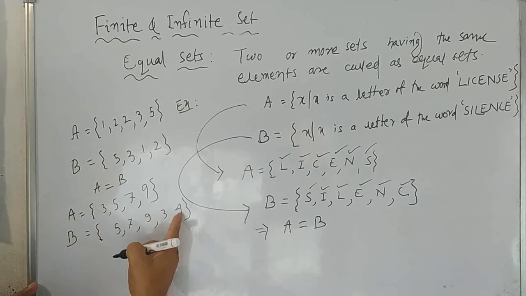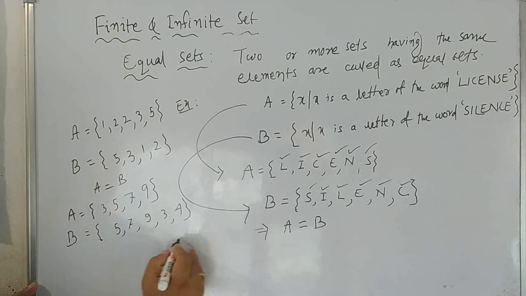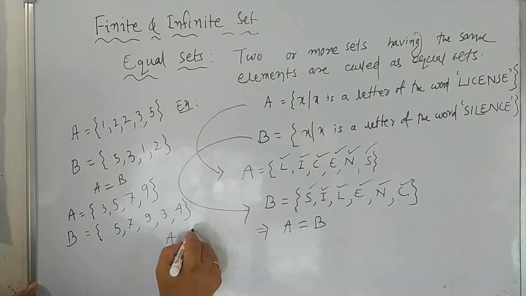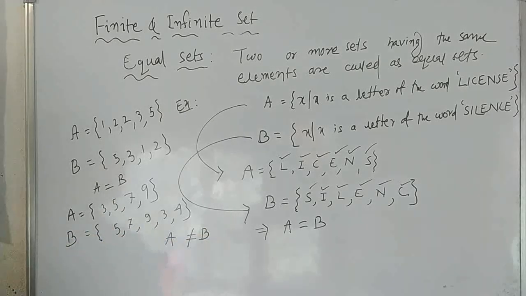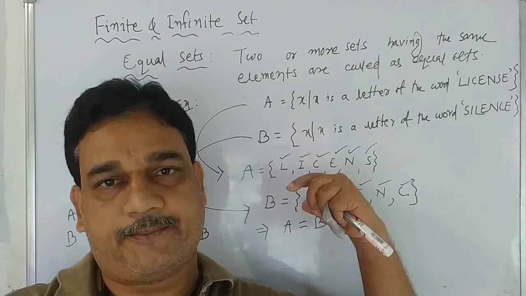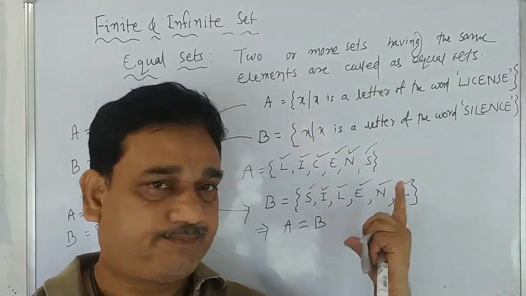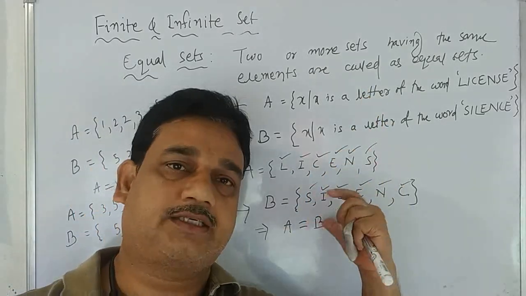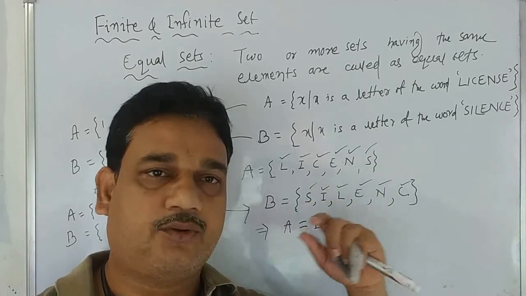Here 4 is an extra element which is not there in A. In this case, you will write A not equal to B. So this is all about the types of sets. Based on this, I'll move forward to exercise 1.2. Okay, thank you.